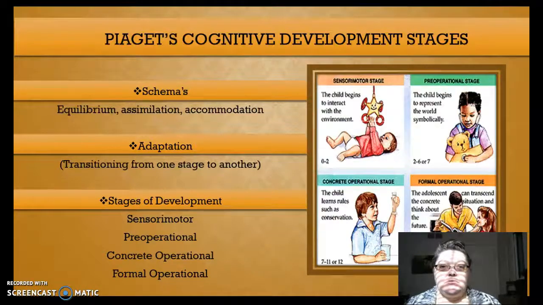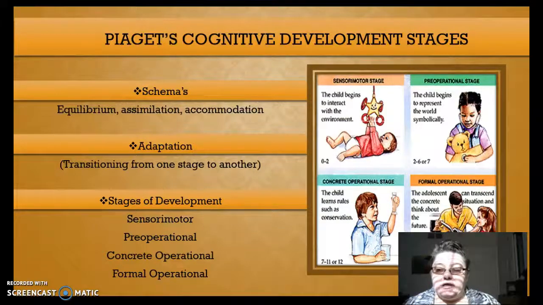In simpler terms, they are the basic building blocks and organization of knowledge related to the world, objects, actions, and abstract concepts that are around the child. And as you can see, the child begins to interact with the environment between the ages of 0 and 2.